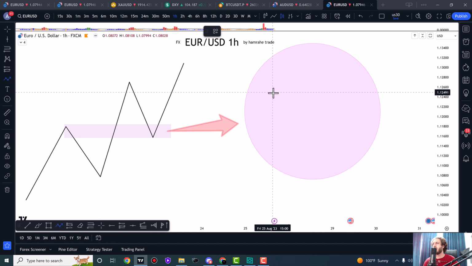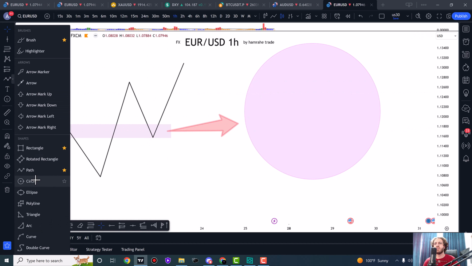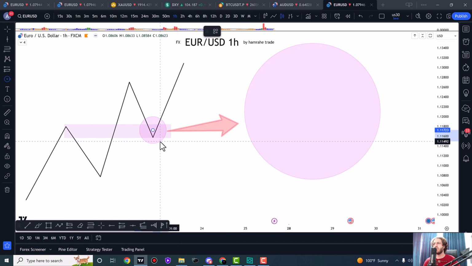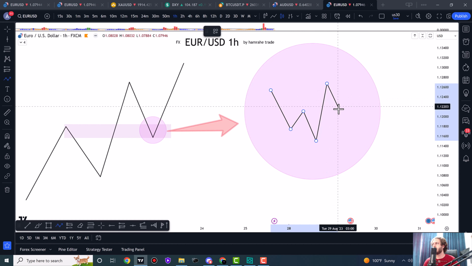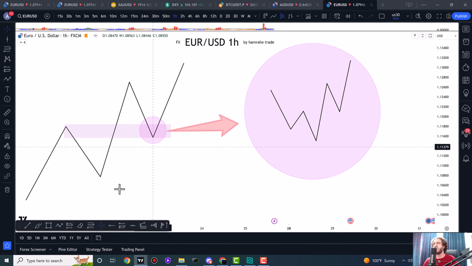For example, if we take this zone and put it under a microscope, we can see that the market is moving like this. The market is coming down, and the market broke some kind of support and resistance and went up. So the concept is the same.